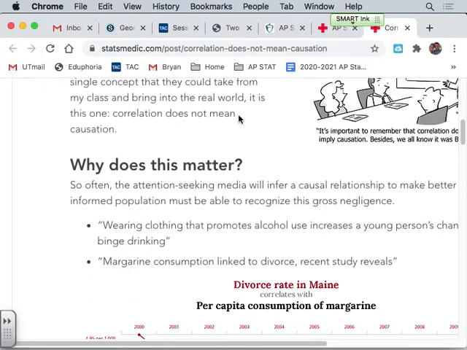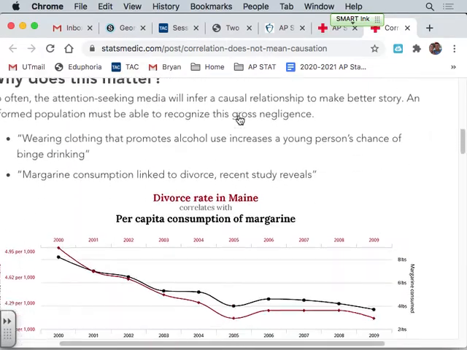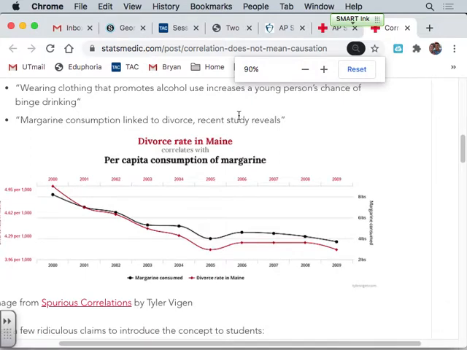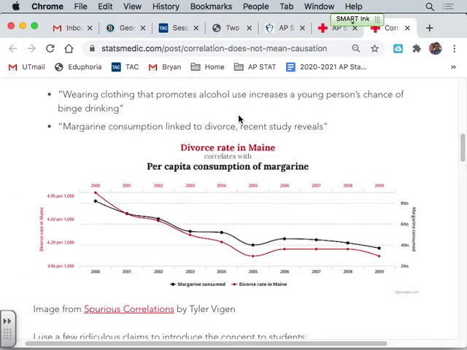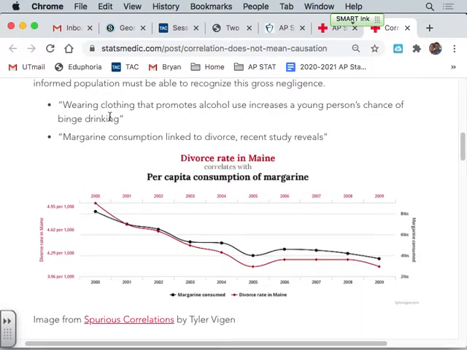All right. So here are some basic examples of saying correlation and causation are not the same. Wearing clothing that promotes alcohol use in young persons increases the young person's chance of binge drinking. Just saying you're wearing this doesn't mean that there's causation. Maybe you get some data like, oh, you're wearing this and this person was drinking more.